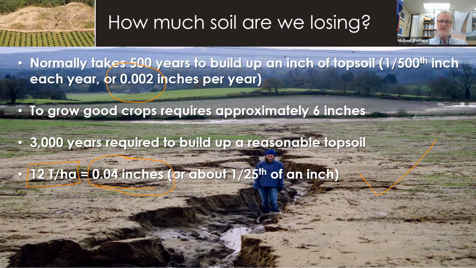Does this farmer have a soil erosion problem? And if so, how many times faster is soil being lost than formed? How would you answer that? All the information that you need is on the slide here. It takes 500 years to form an inch of soil. It takes 25 years to lose an inch of soil.